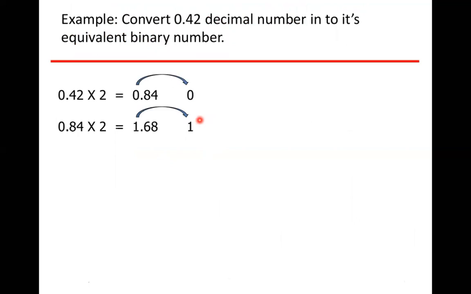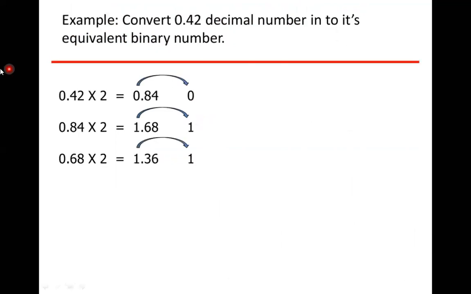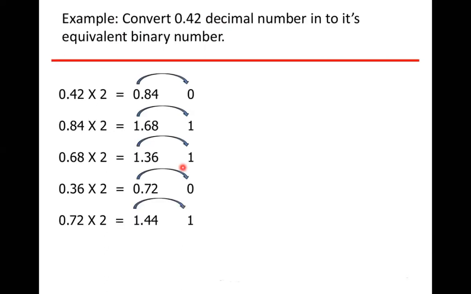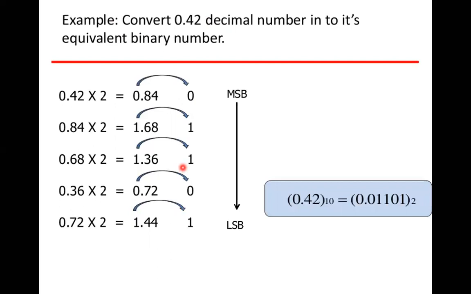And only again 0.68. Next time we don't take the 1.68. We just have to take 0.68. So 0.68 into 2, 1.36. 1 is taken over here. 0.36 into 2, 0.72. And 0.72 into 2, 1.44. So up to 5 bits it is enough. Now, how is the collection of the answer done, from the most significant bit to the least significant bit?